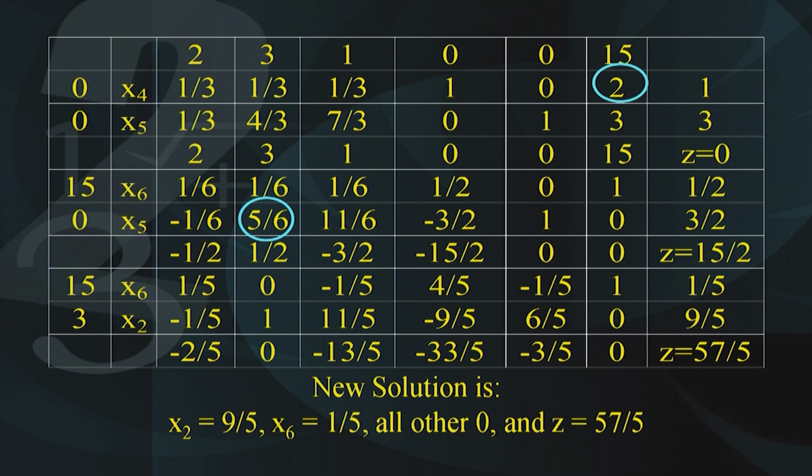Again we will need to calculate the deviation entries. They are minus 1 by 2, 1 by 2, minus 3 by 2, minus 15 by 2, 0, 0, and the cost Z is equal to 15 by 2.